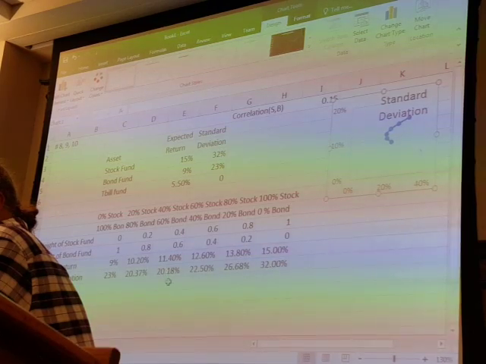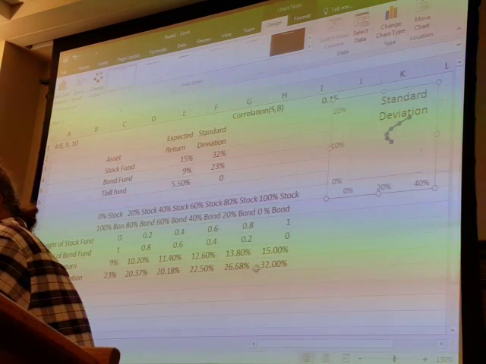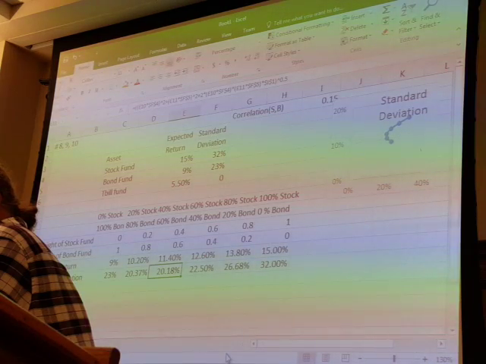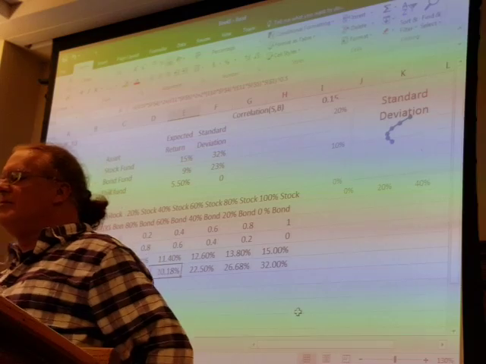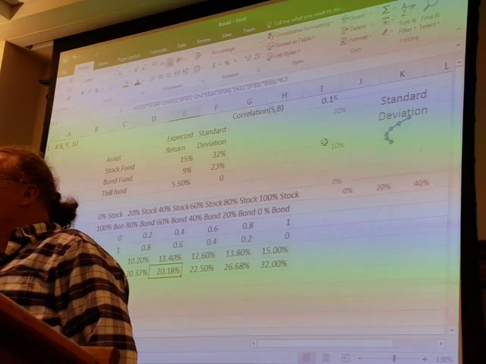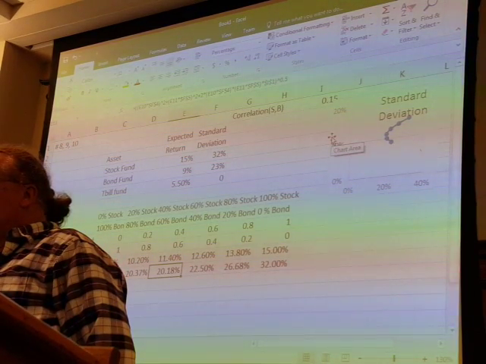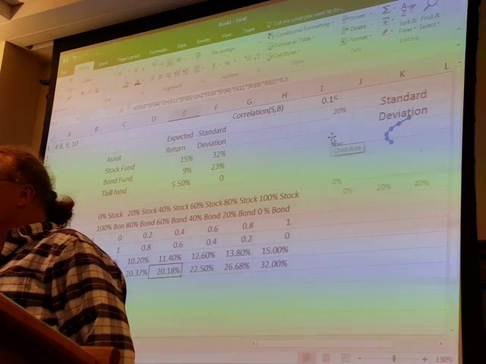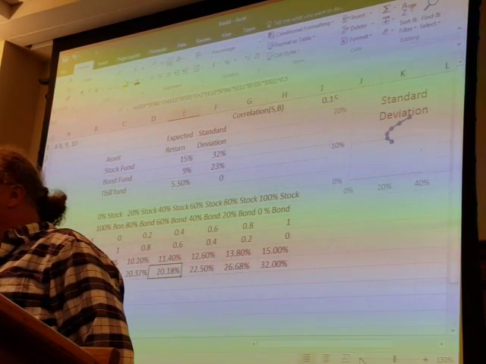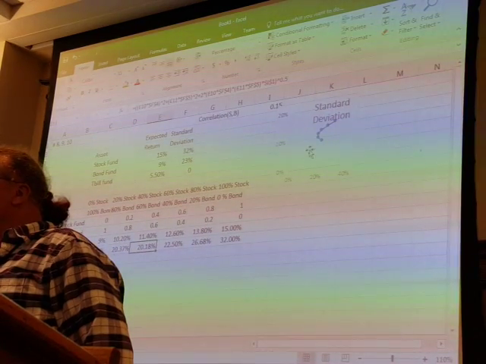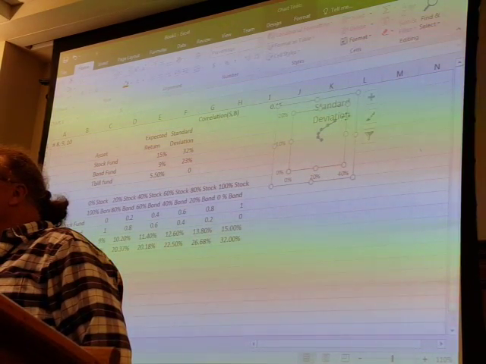Just looking at these, choosing from these 6 portfolios, the one with the lowest variance is going to be this one right here, 20.18.